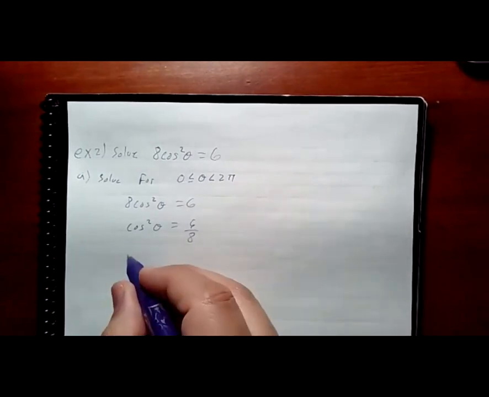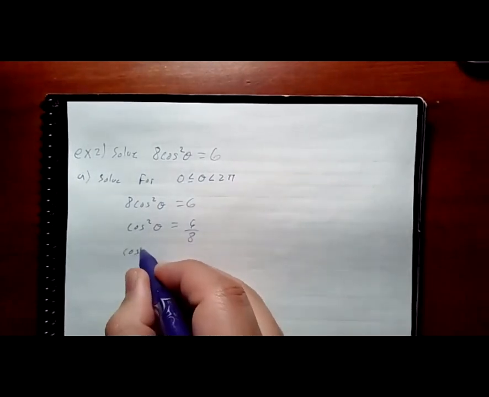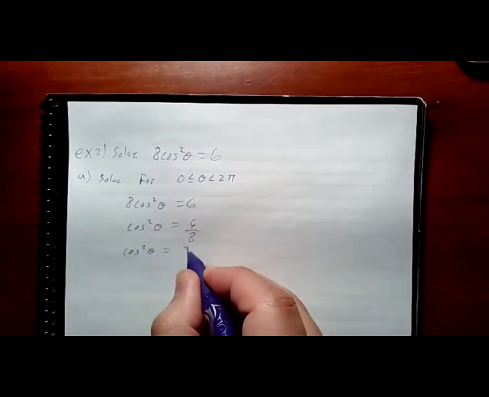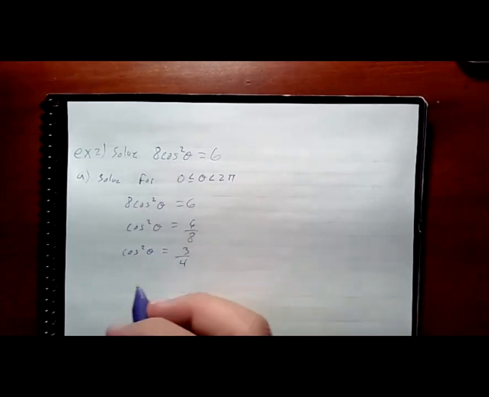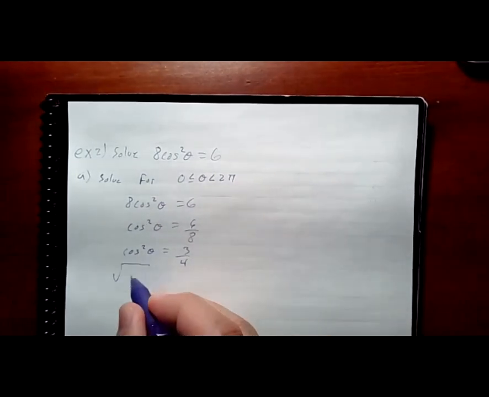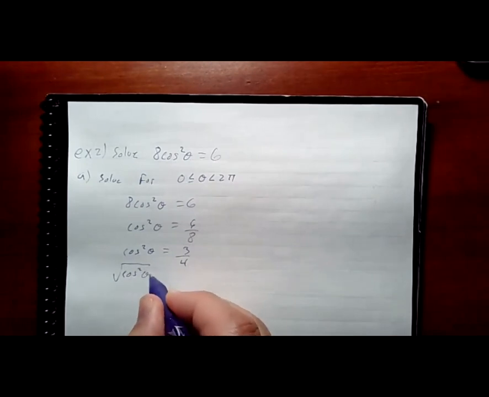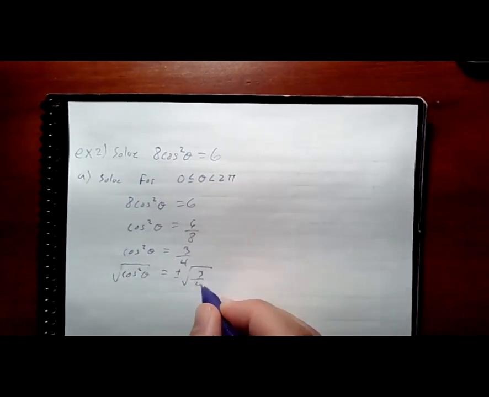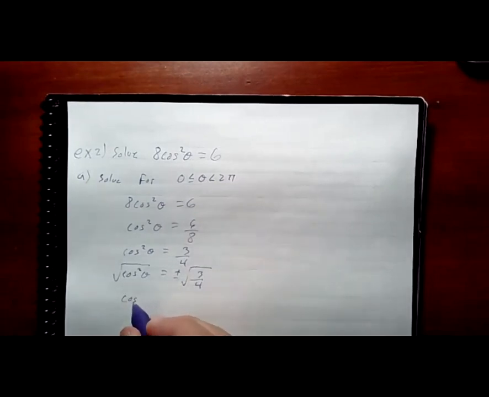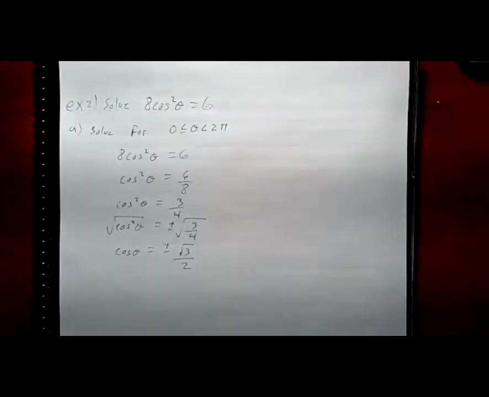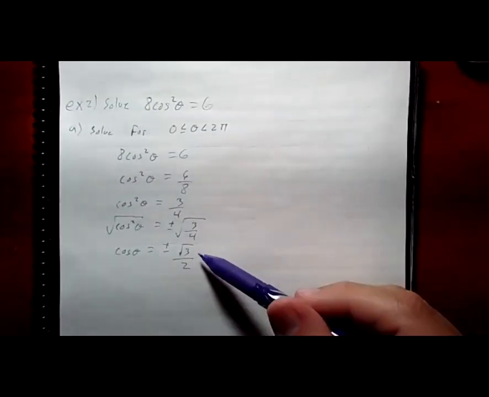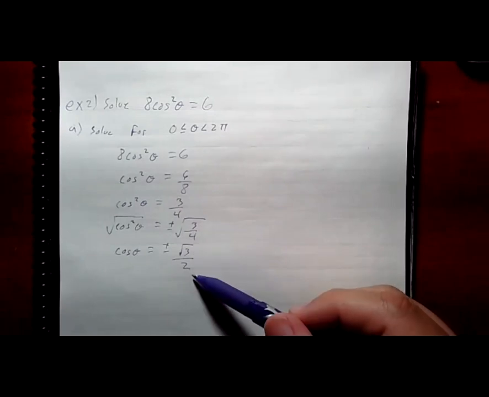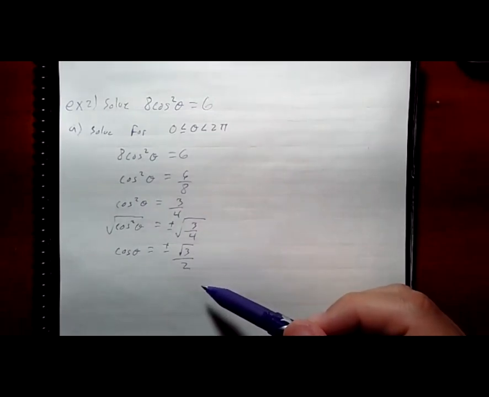This reduces. That gets us to 3 over 4. Square root both sides will get us a plus or minus, which will create multiple solutions. So cosine would be equal to plus or minus square root of 3 over 2. So anywhere we have a positive or negative root 3 over 2 will be a solution.